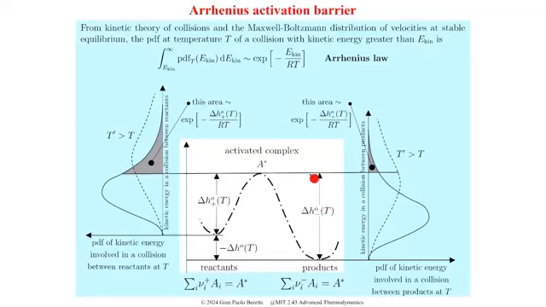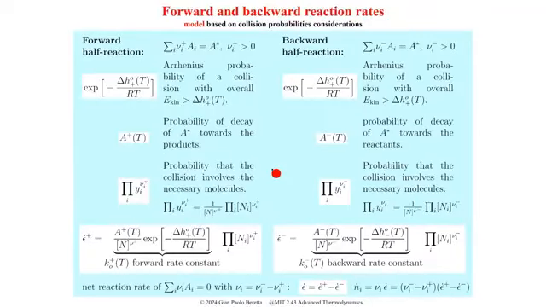Okay, so this is one of the ingredients in order to formulate a theory or a model for the rate of chemical reactions, for the rate at which chemical reactions proceed.